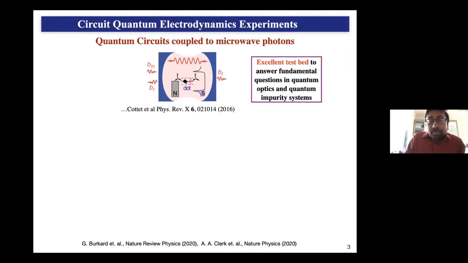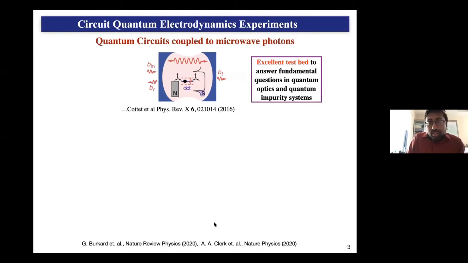This setup is an excellent test bed which can answer fundamental questions related to light matter interaction, where the matter is basically the quantum circuit, which has a lot of controllability, and these kinds of systems can also give you many practical advantages. There are many experiments happening in recent years in this direction. If you want to know more about it, at the bottom there are two latest review articles in this direction.